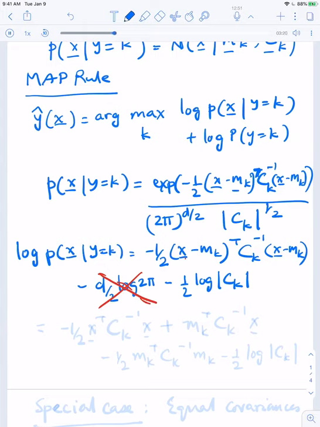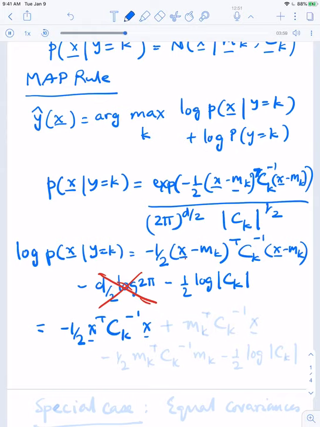You have the quadratic term x transpose Ck inverse x, which will appear with a minus sign. So let me write that down: minus half x transpose Ck inverse x. Then you'll have a linear term, x transpose Ck inverse mk or mk transpose Ck inverse x. They're both the same thing because Ck is positive definite symmetric, so Ck inverse is also symmetric, and those terms are transposes of each other and equal to each other.